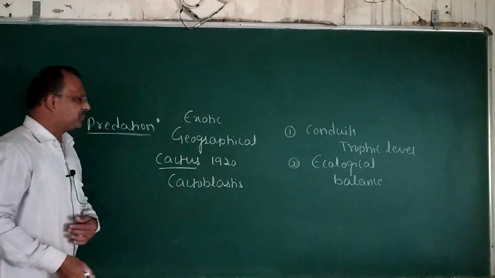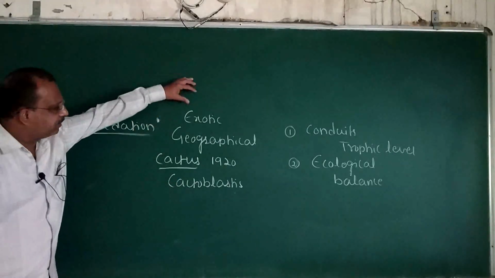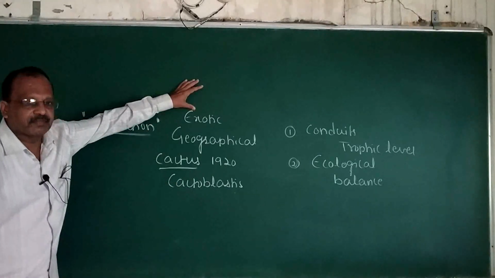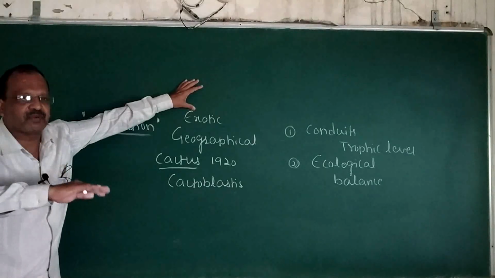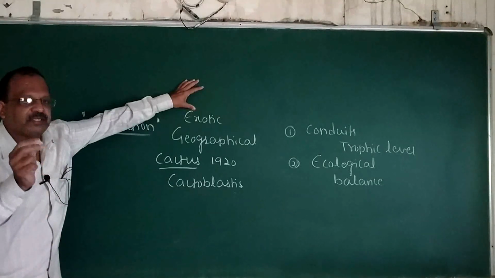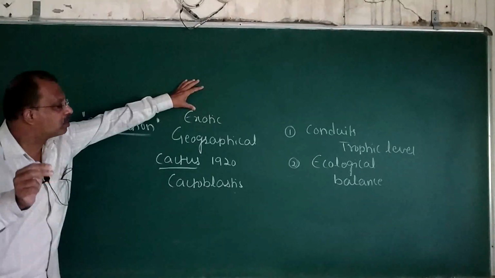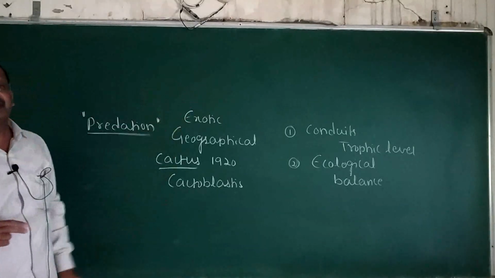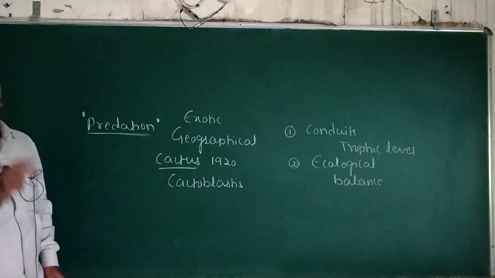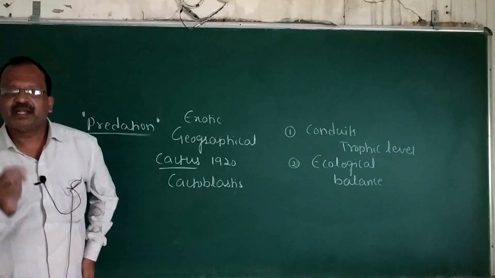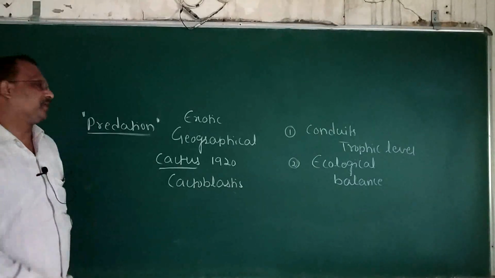Okay, I will repeat this matter, so take care. When an exotic species, exotic means migrated from foreign countries, is introduced into a new geographical area, it will become invasive and spread rapidly due to lack of predators.